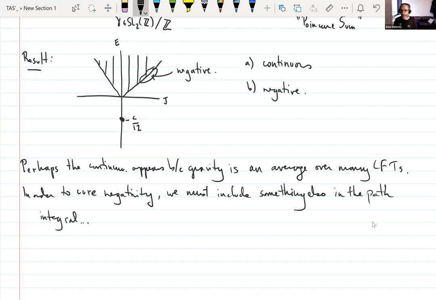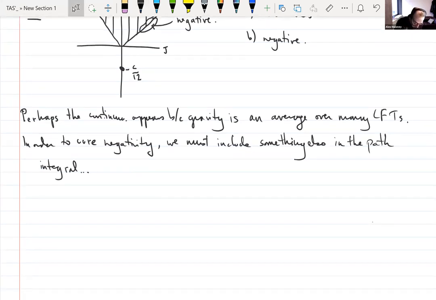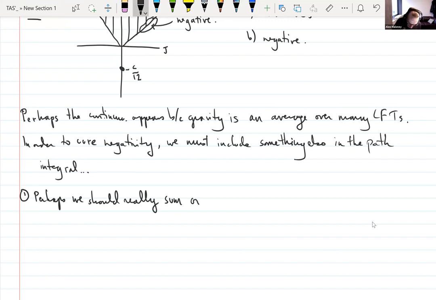And here is a place where nobody quite knows what the right answer is. So I'm going to present three possibilities. This is one possibility, which is that perhaps we should really sum over two copies of SL2Z, that is to say, complex metrics.